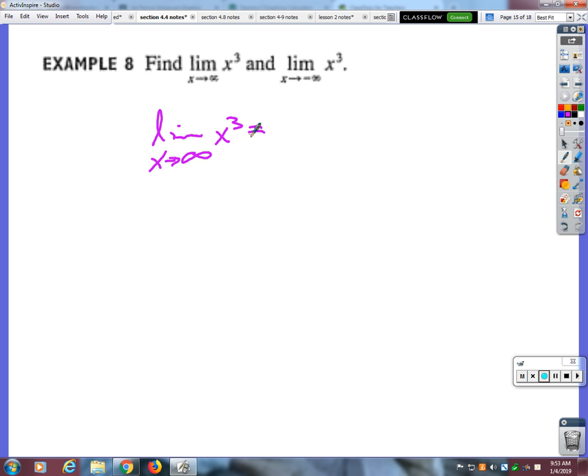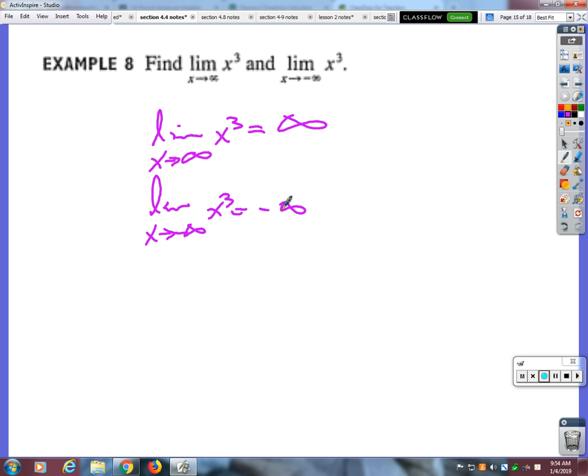It is infinity, yeah, because if you put in bigger and bigger numbers and you cube them and cube them, it's going to get bigger and bigger, okay? And since this is an odd exponent, if you put in larger and larger negative numbers, when you cube those, they stay negative, so this answer becomes negative infinity, okay?